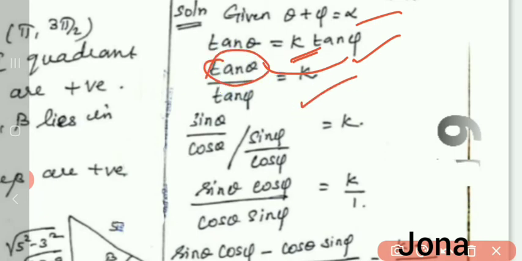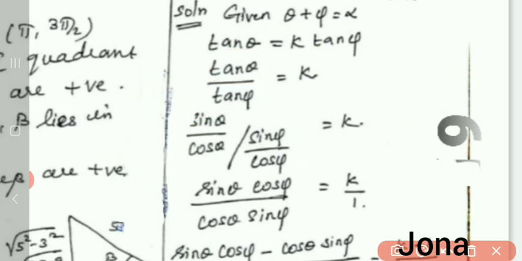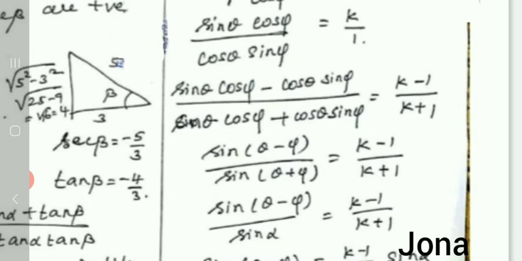Tan theta can be written as sin theta by cos theta, tan phi can be written as sin phi by cos phi equal to k. And then take reciprocal there, it will be on the left hand side as sin theta into cos phi divided by cos theta into sin phi equal to k by 1 here. And then here I can apply componendo and dividendo.